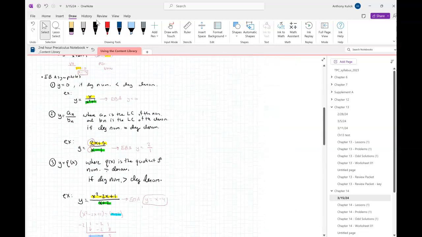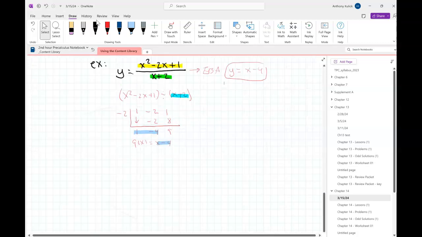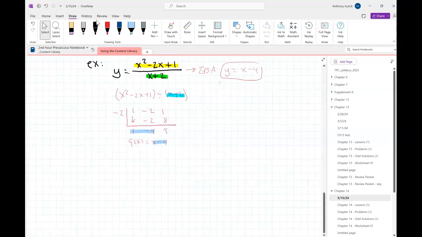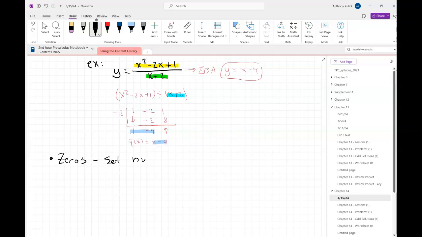The third thing we need are the zeros. To find those, we're just going to set the reduced numerator equal to 0 and then solve.